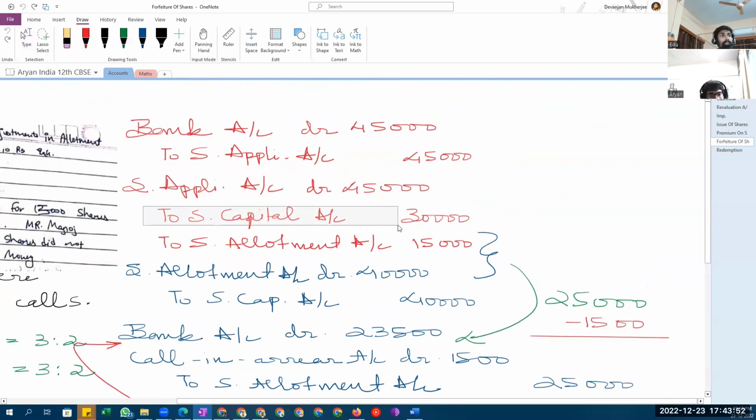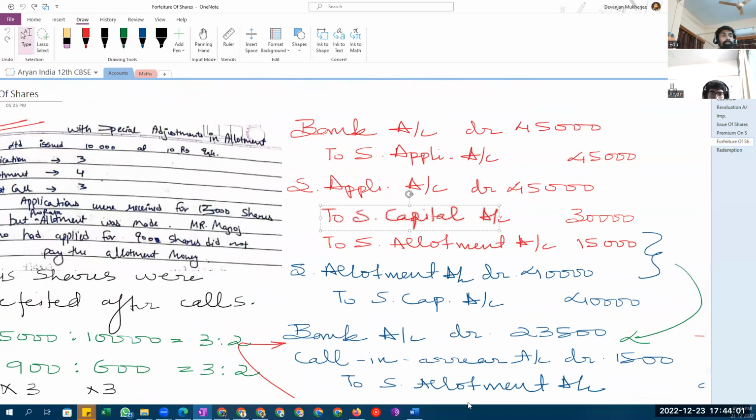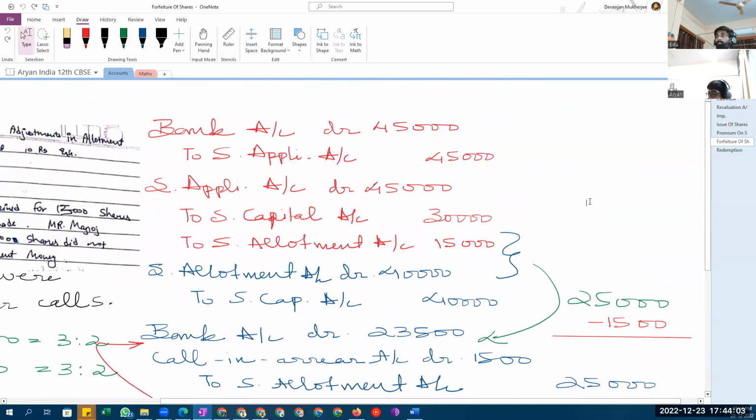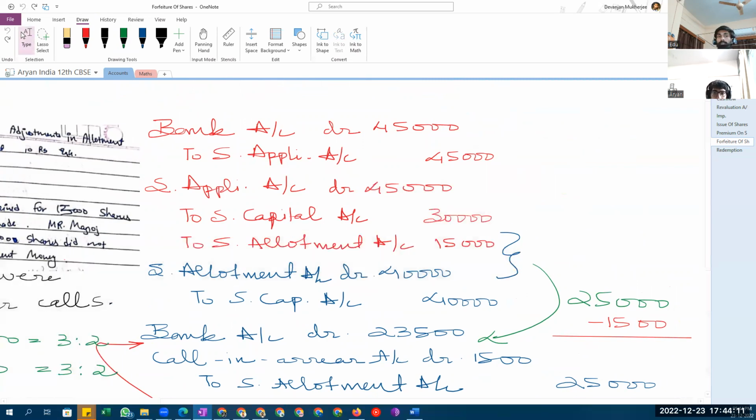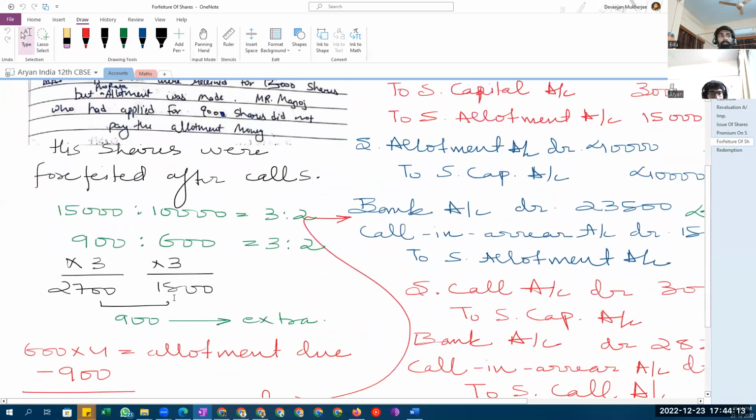So now tell me, during the application, how much money have we put into the capital which belongs to Mr. Manoj? 2,700. No, 2,700 he had given us, but we had inserted how much? 1,800.